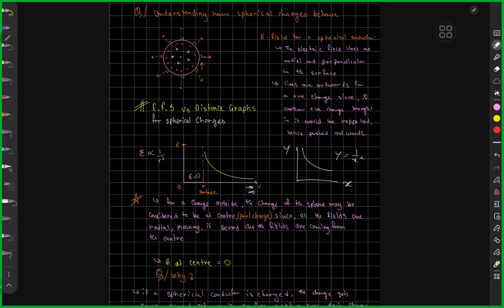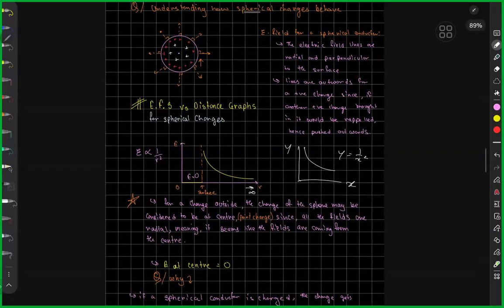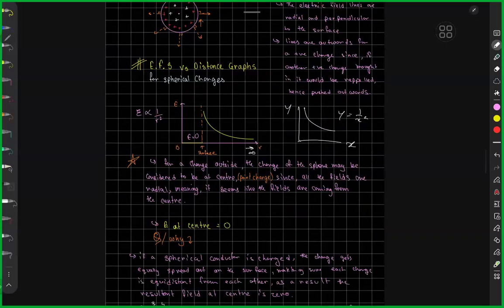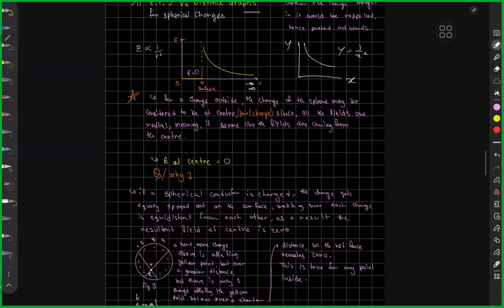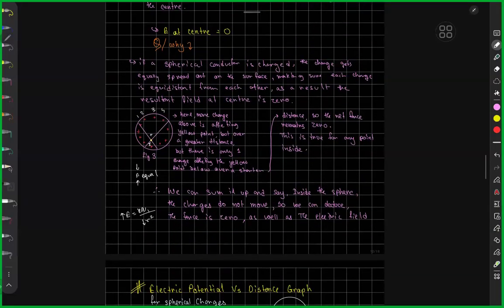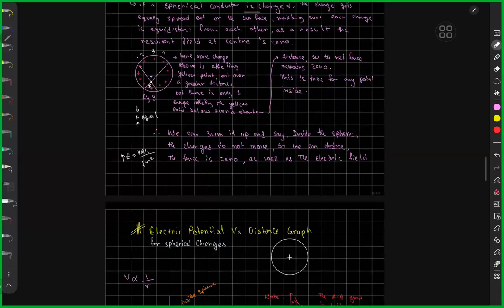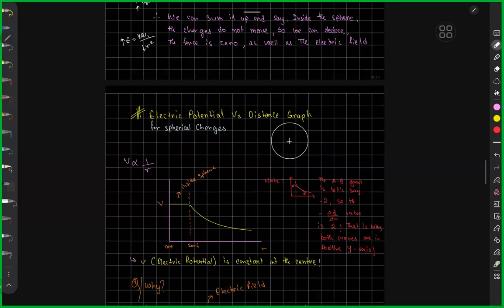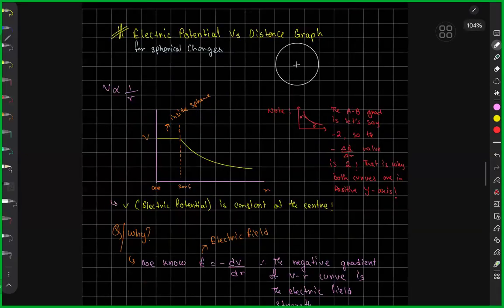Have you seen it? I don't think so. I don't think it's in the syllabus much, but I have just shown it over here. Just know that inside the sphere it's 0. The reasoning I've given is a more qualitative description, so it shouldn't come up in your exam or paper.